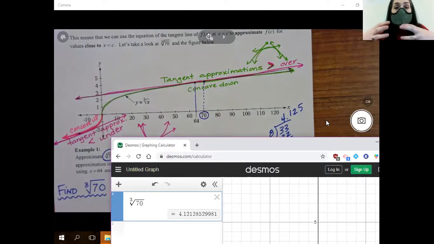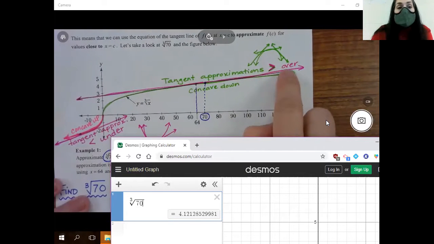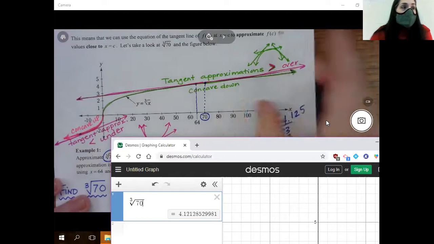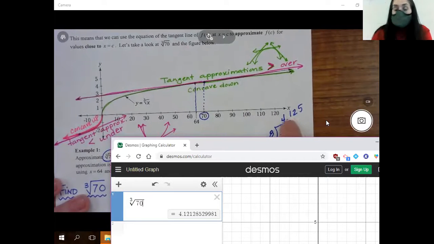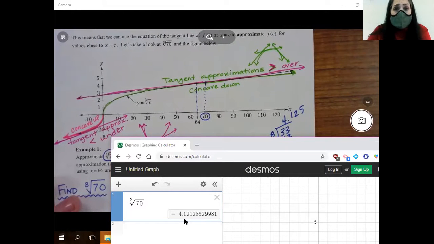So when you get your approximations, they will be over approximations, which is exactly what happened to us. We got 4.125. The actual is 4.121, but we're pretty darn close. I mean, considering I didn't use the calculator till the very end when we were checking it. So that's the goal for 3.7, okay?